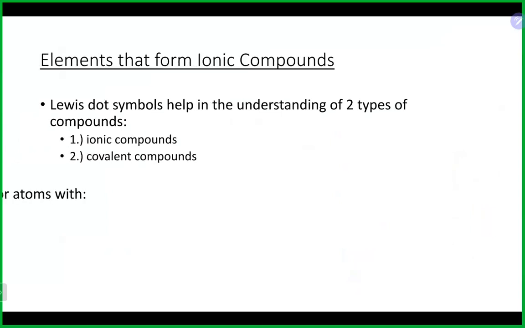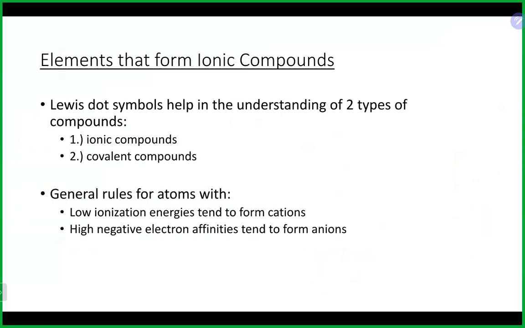All right, so as we talked about, we can use these dot symbols to help us understand bonding, both ionic bonding, which again, as we talked about a number of times at this point, is metal, nonmetal, and covalent bonding, which is 2 nonmetals together.